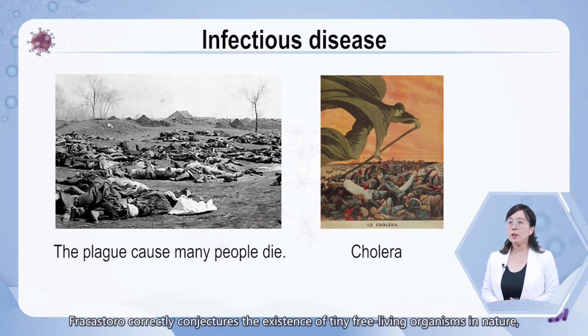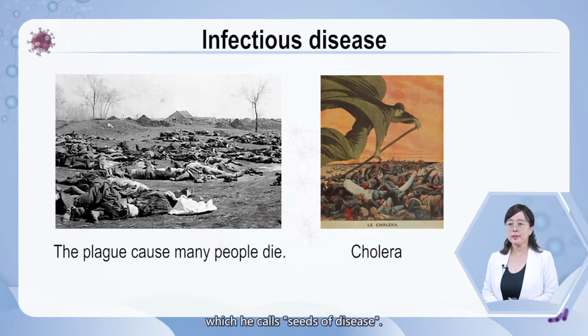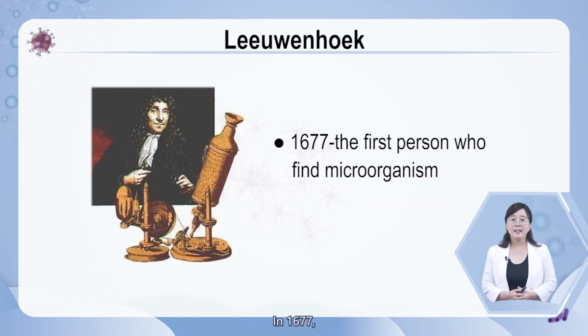Fracastoro correctly conjectured the existence of tiny free-living organisms in nature, which he called seeds of disease. In 1677, Leeuwenhoek discovered many moving tiny animals for the first time with his newly developed microscope.